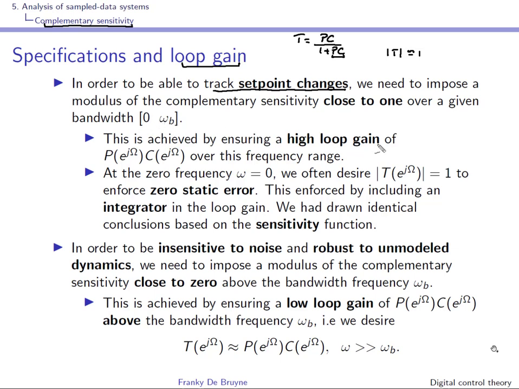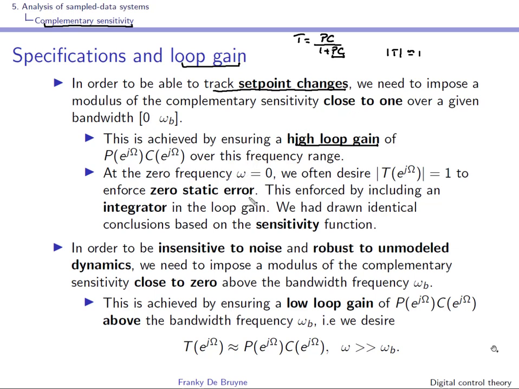We can ensure this by taking a high loop gain PC over this same frequency range, because PC will be large and it appears at the numerator and denominator, and therefore the modulus of T will be approximately 1.